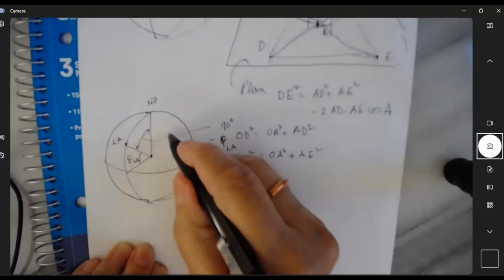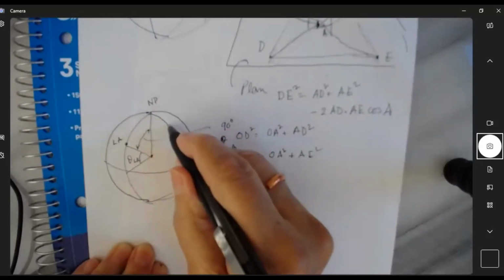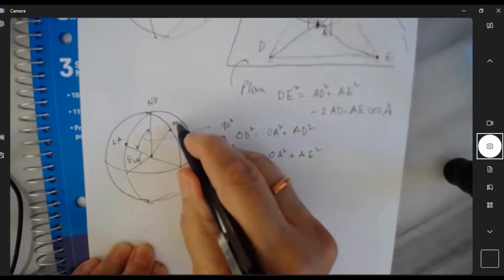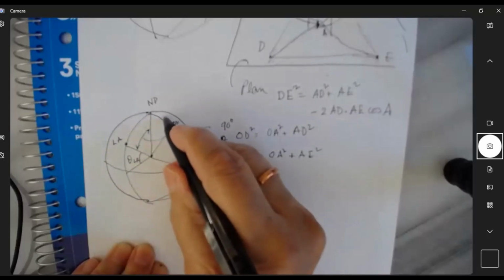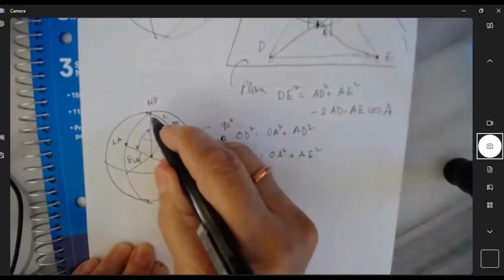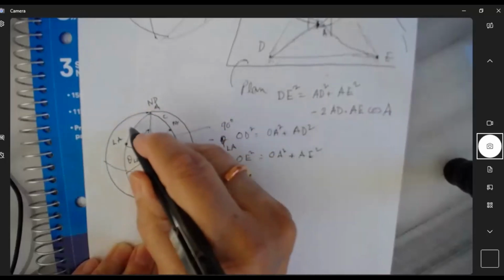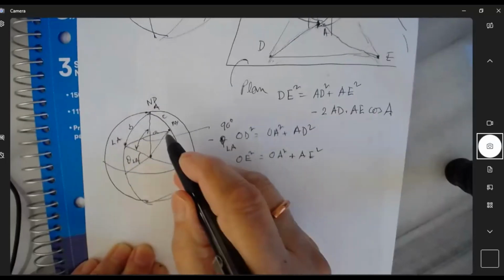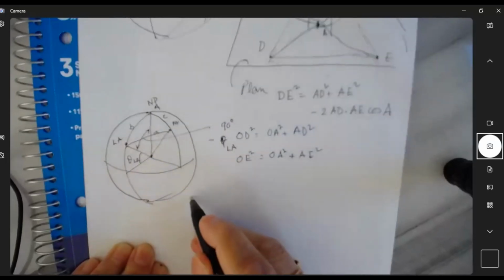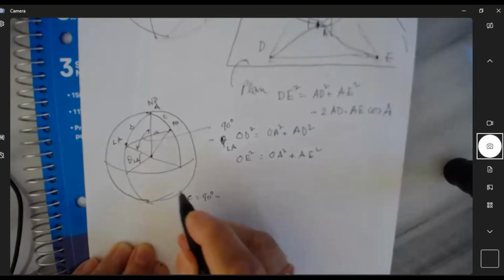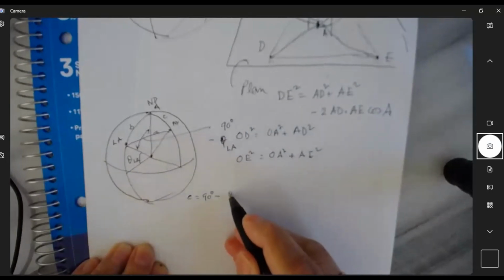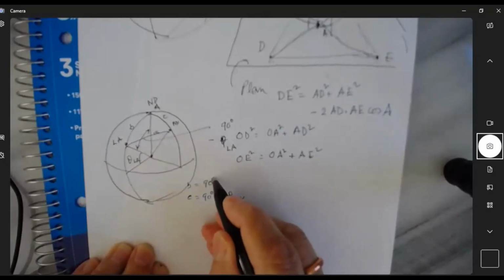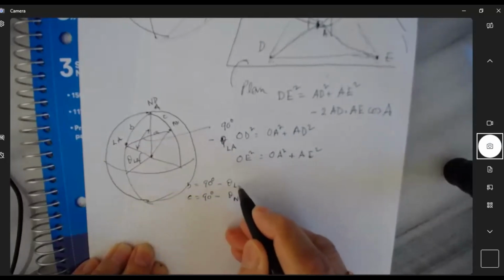Similarly, New York: what is this angle? This is called C, this is called point A, this is called B, and this great circle is A. So C is again 90 degrees minus the latitude of New York. Angle B is 90 degrees minus the latitude of LA.